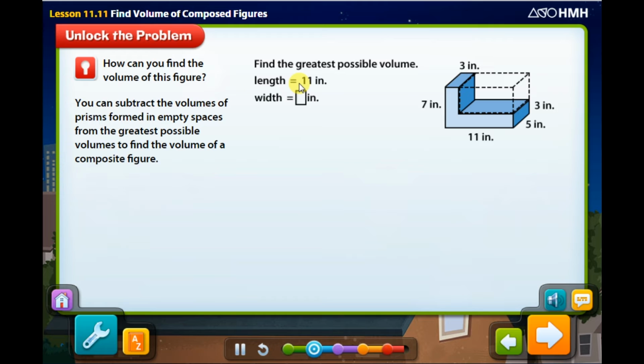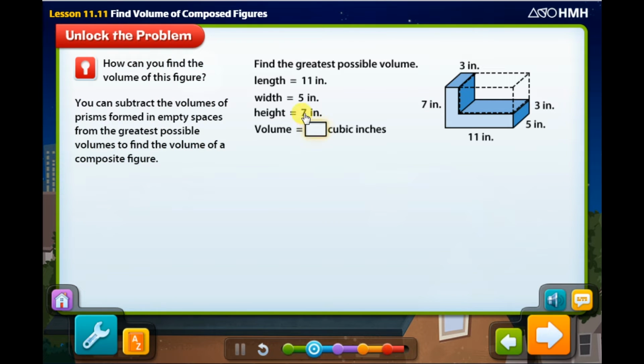What's the greatest width? The greatest width here is 5 inches. What's the greatest height? The greatest height of the overall shape is 7 inches. Multiply the values to find the greatest possible volume.